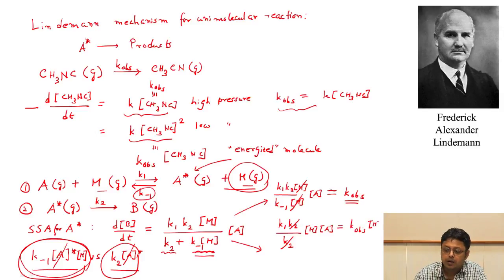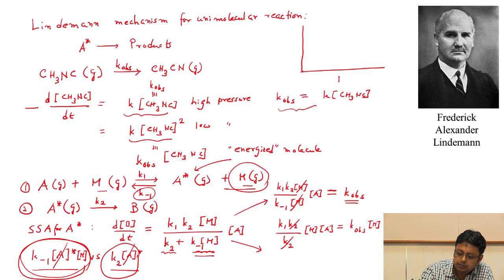So if I plot the rate of the reaction as a function of this M, we'll see at low pressure region it is linearly proportional to this M, so it will just rise like this.